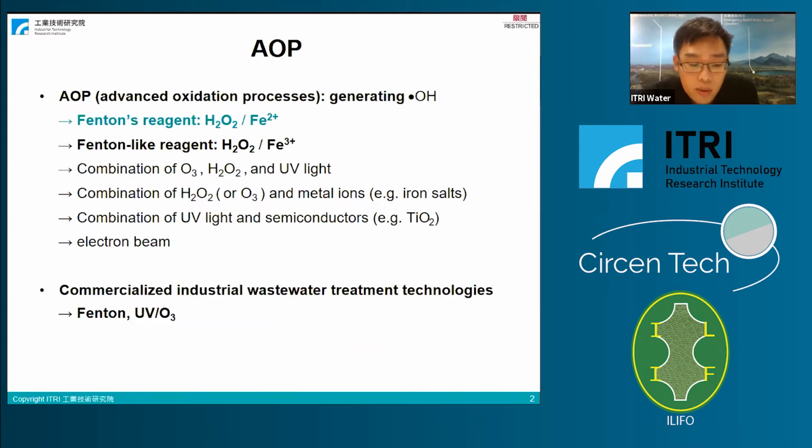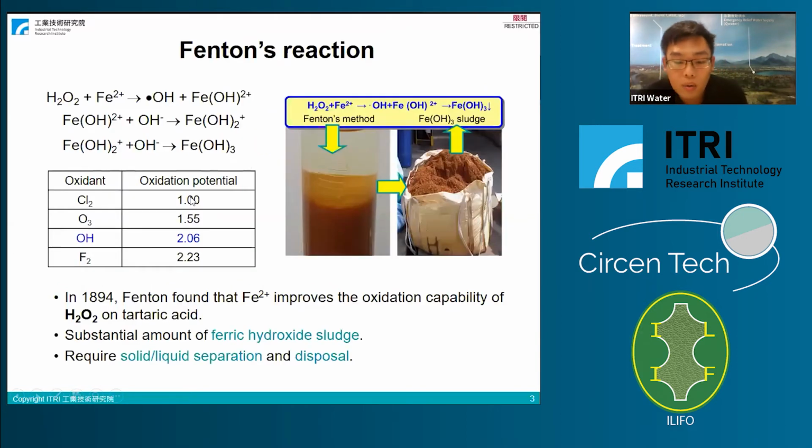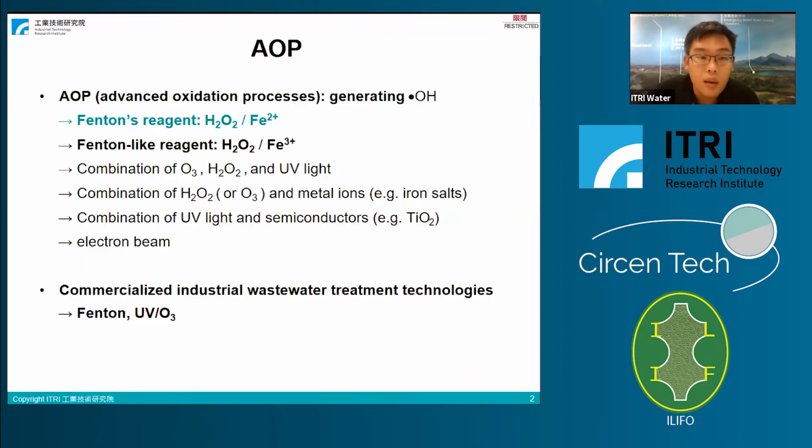Chemical oxidation is to decompose organics to carbon dioxide and water with oxygen, and the most effective technology is AOP. AOP contains many technologies, including Fenton and Fenton-like, and the combination of ozone, hydrogen peroxide, and UV light, or hydrogen peroxide and metal ions, or UV light and semiconductors.